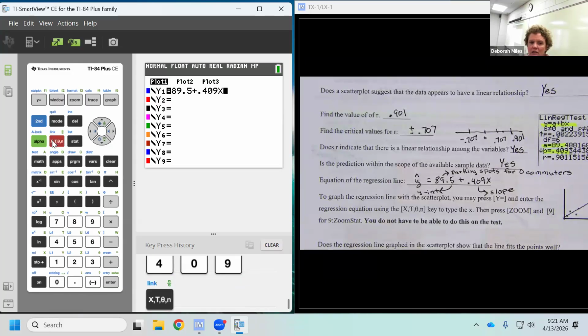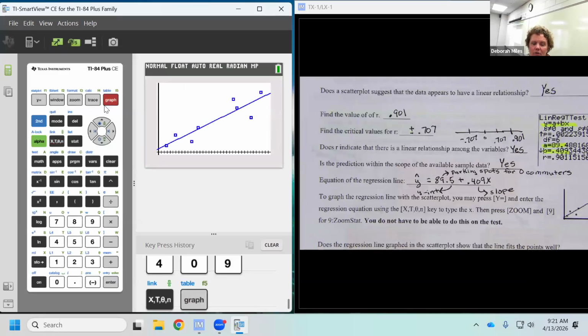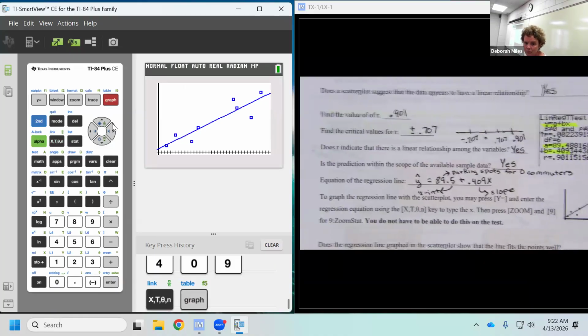Look up and see if your equation looks like mine. 89.5 plus 0.409x. Now if I say graph, I get not only my scatter plot, but my regression line also. And yes, it looks like a pretty good fit. About 3 of the points are on the line, about 5 of the points are off the line, but really close to the line. It's the line of best fit.